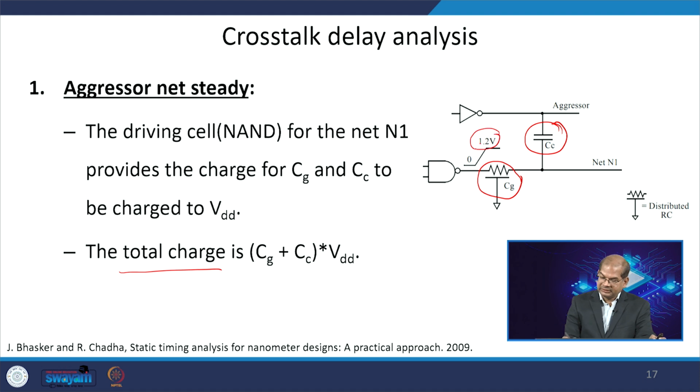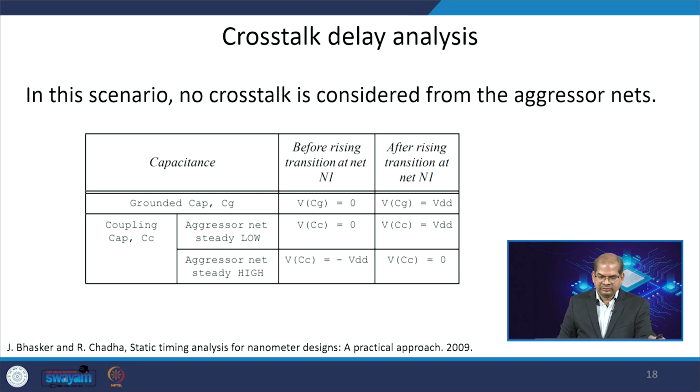Since CC is grounded, because your aggressor is not switching, the total capacitance, because these two are in parallel, is Cg plus Cc, and the total charge will be that multiplied by VDD. So, this is your total charge Q. In this case no crosstalk is considered from the aggressor net, because the aggressor net is not switching.